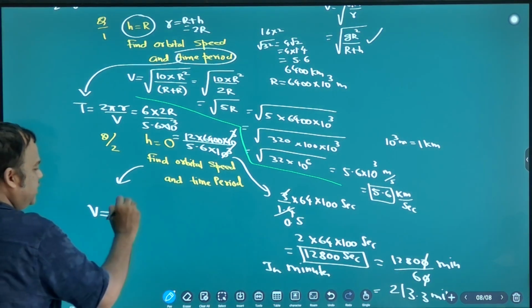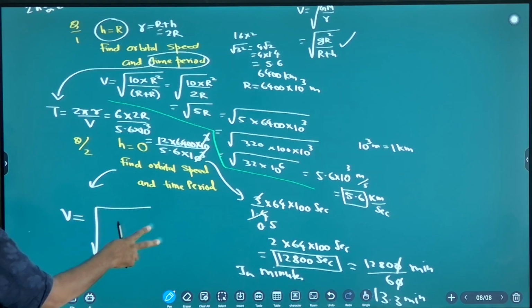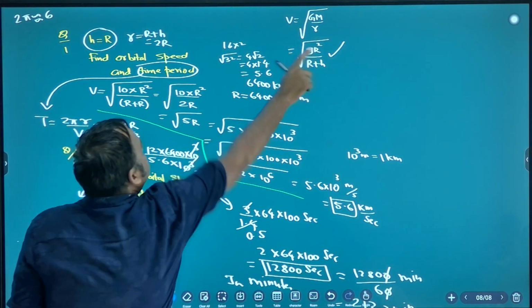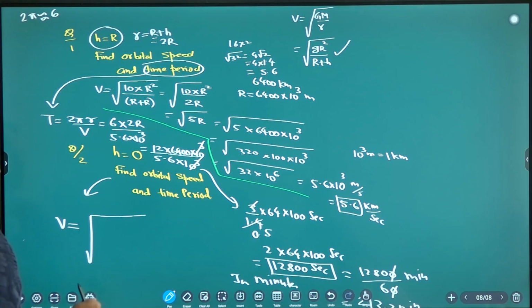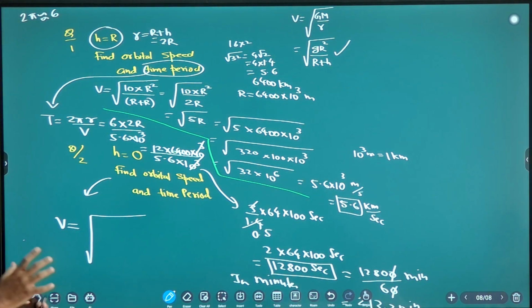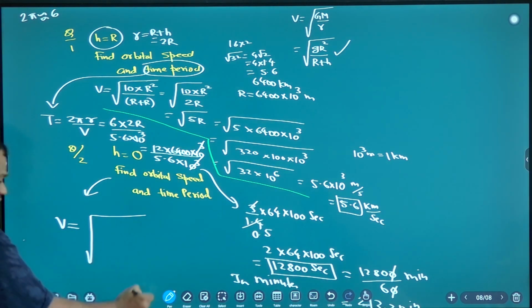Orbital speed. Use that small g formula. Now the height is 0. So what type of satellite is this? The satellite is going along the surface, correct?